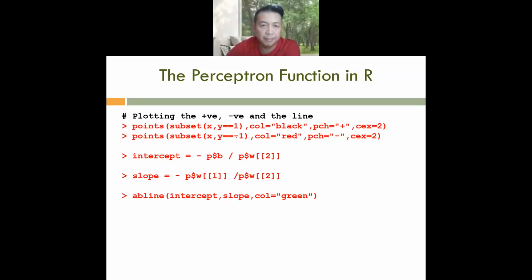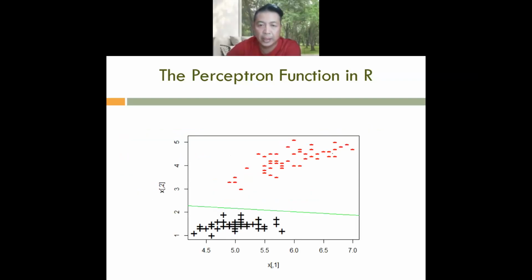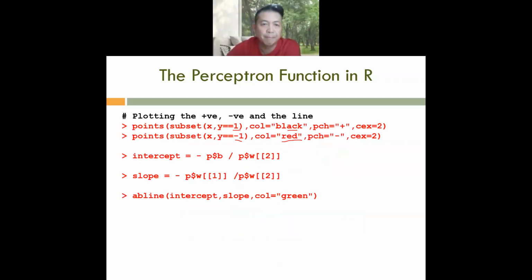All the points that are positive, they will use the black one. All the points which are negative, they will plot as the red one. So you can see two subgroups here, one is red and one is black. So the function of the perceptron is to estimate the weightage or the slope of the line so that it can draw a line that separates these two groups.